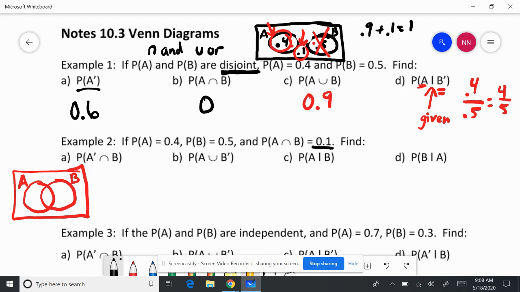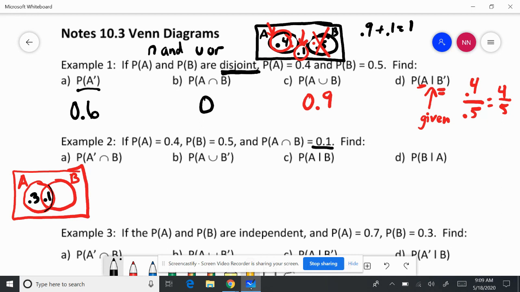A and B is 0.1, so we're going to put 0.1 in the middle. They tell us that A is 0.4. Now this is a little tricky. I'm not putting a 0.4 here, I'm putting a 0.3. The reason that I'm putting a 0.3 is because all of A is 0.4. Notice that A is around this whole thing, including the 0.1. So 0.3 plus 0.1 gives us our 0.4.